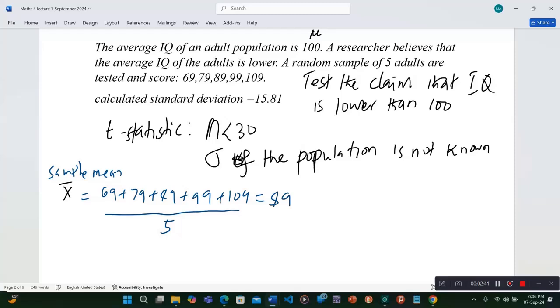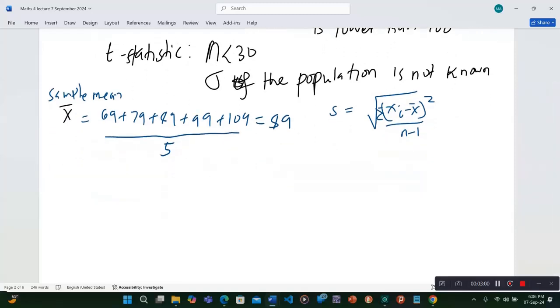Then for me to get the standard deviation of the sample, remember it is the square root of the sum of (xi minus x bar) squared, divided by n minus 1. So if I use that formula, I should be able to get the standard deviation.